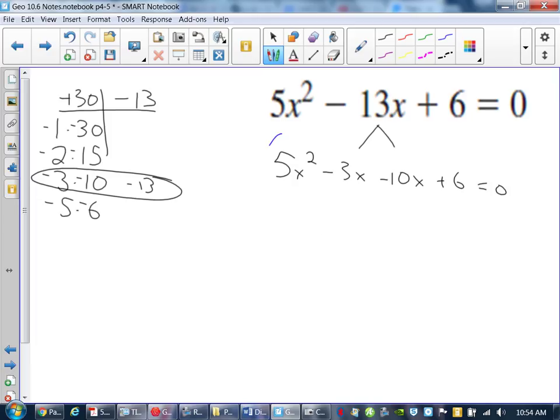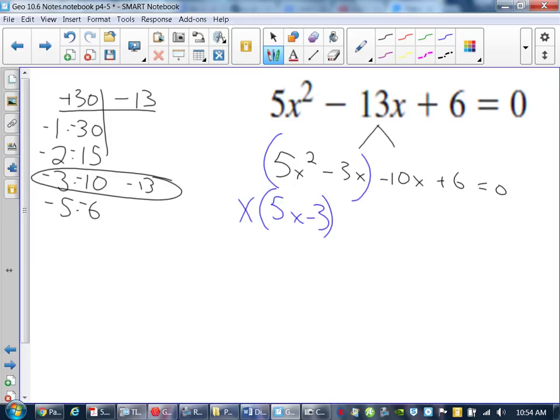So you throw parentheses around the first two. When you do that, you are just looking for the GCF. What does a 5x squared and a 3x have in common? The x, right. So I can factor out an x. And I'm left with 5x minus 3.